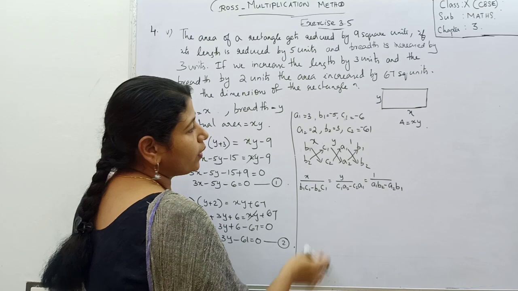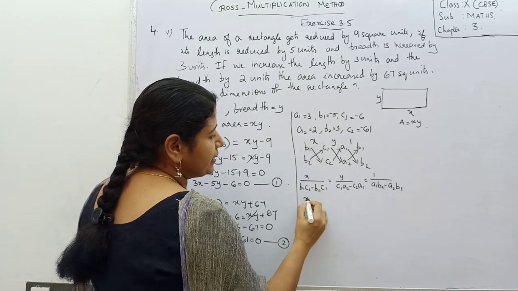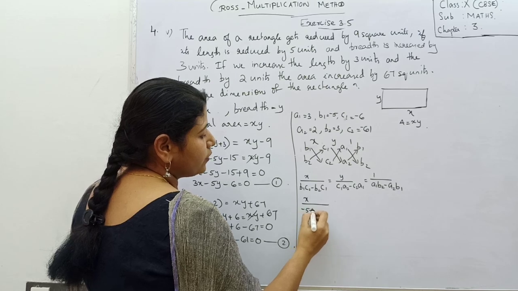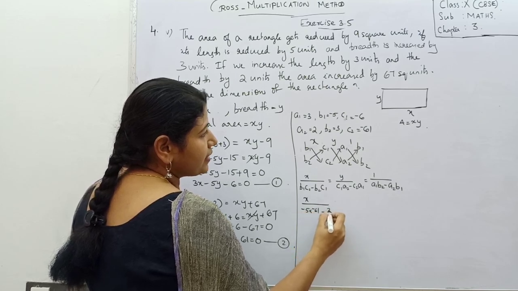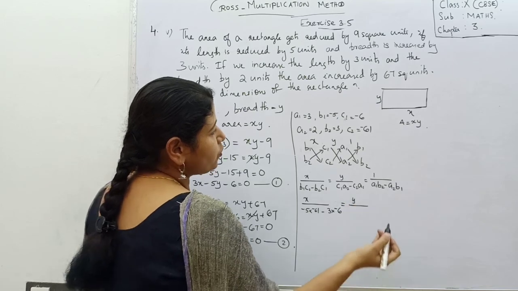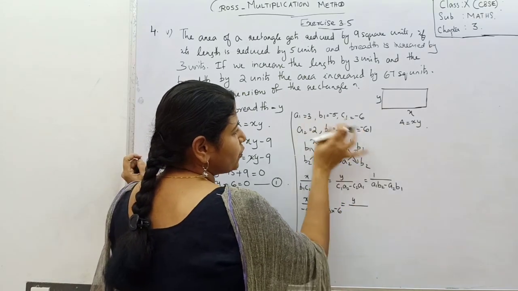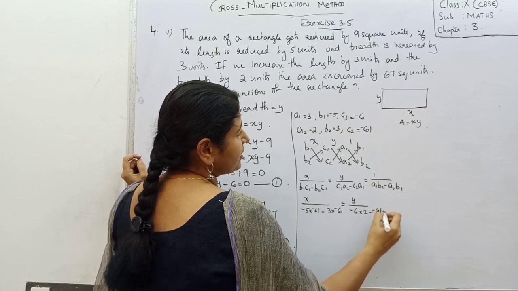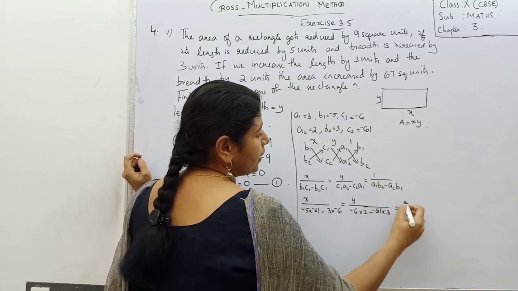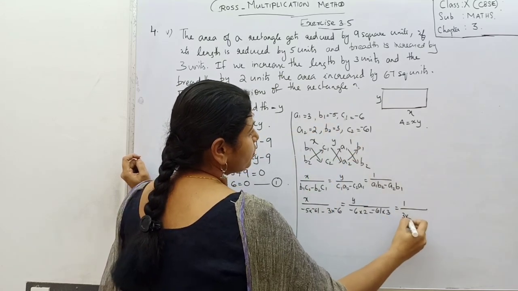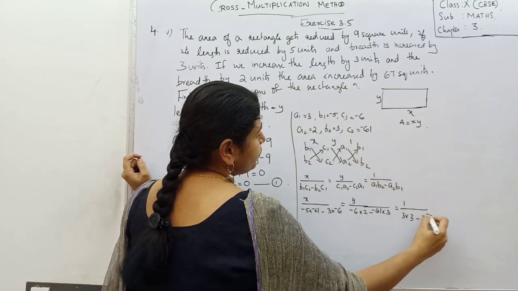We can substitute all the values in this equation. We will get x by negative 5 into negative 61 minus 3 into negative 6, equal y by negative 6 into 2 minus negative 61 into 3, equal 1 by 3 into 3 minus 2 into negative 5.